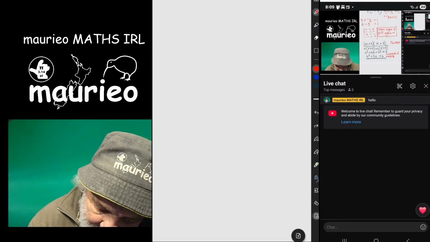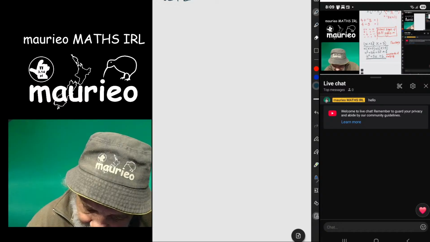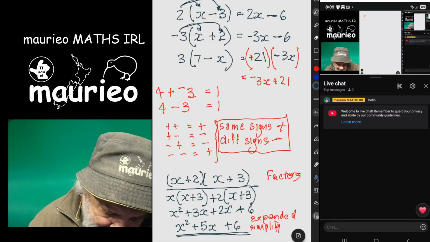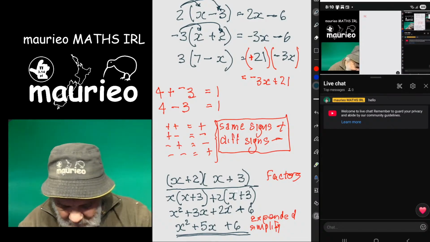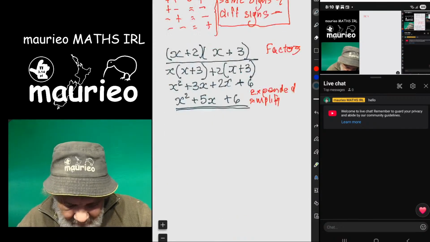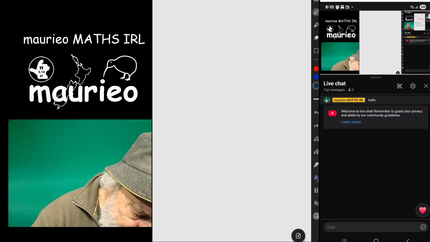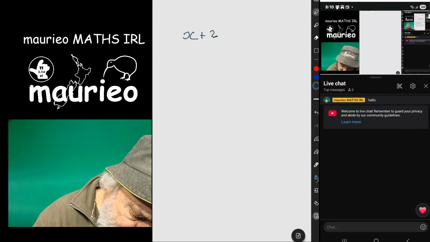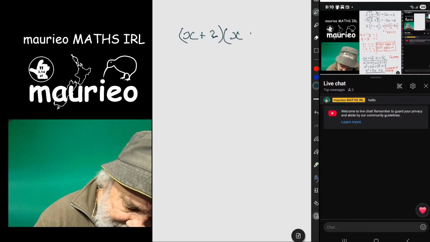Oh no. We want it in black. X plus 2. Oh no. Still no. Come on. Right. X plus. Oh no. Redo that. Oh no. We want it in black. X plus 2. X plus 2. Still no. Come on. X plus 3.